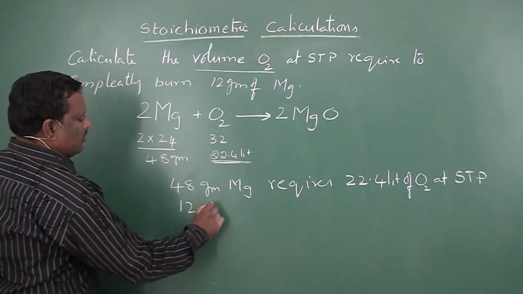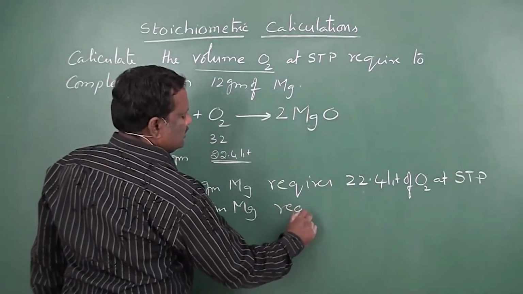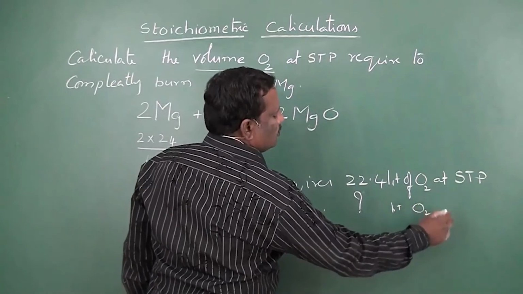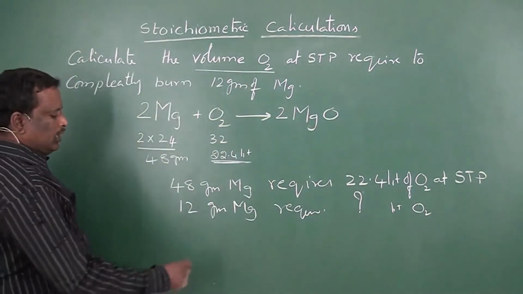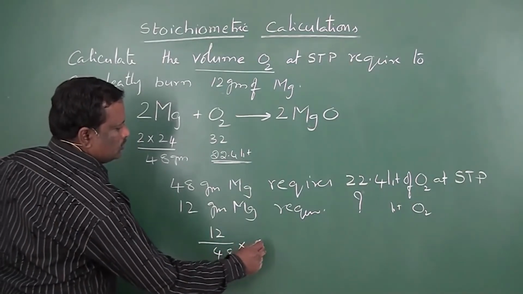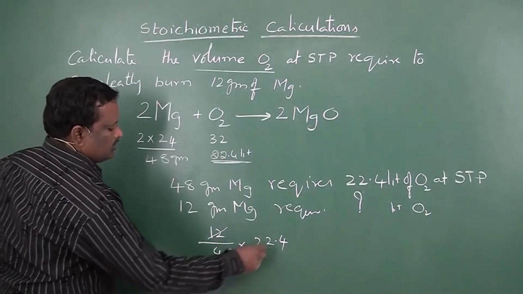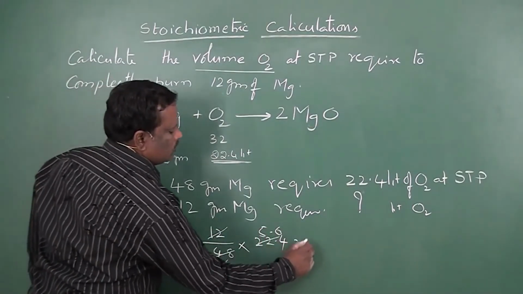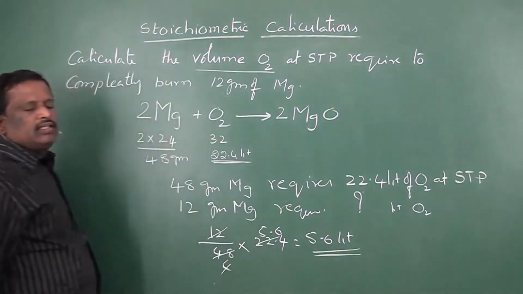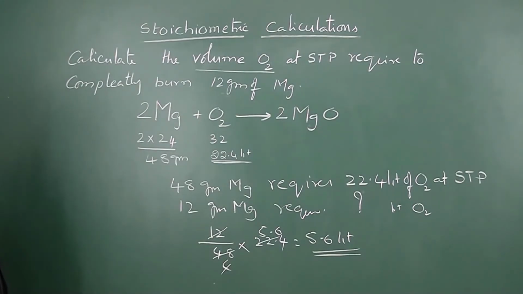Then for 12 grams of Mg, how many liters of O2? So 12 by 48 into 22.4, 4 times, so 5.6 liters of O2 gas is required for complete combustion of 12 grams of Mg.